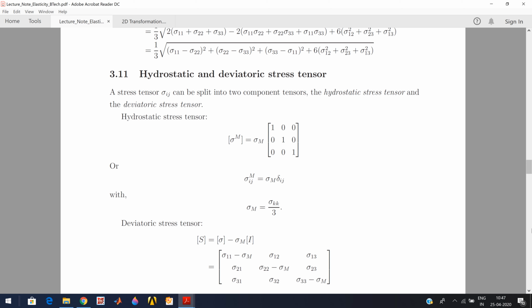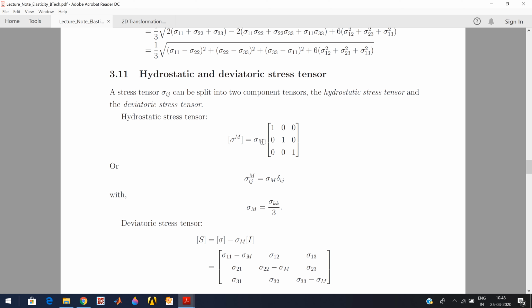So, you can think of pressure as normal stress. That's why this is named hydrostatic, a static pressure we obtain when we place something inside the water. And mathematically, we can define the hydrostatic stress as sigma m times the unit tensor, because the stress is the same in all three directions.